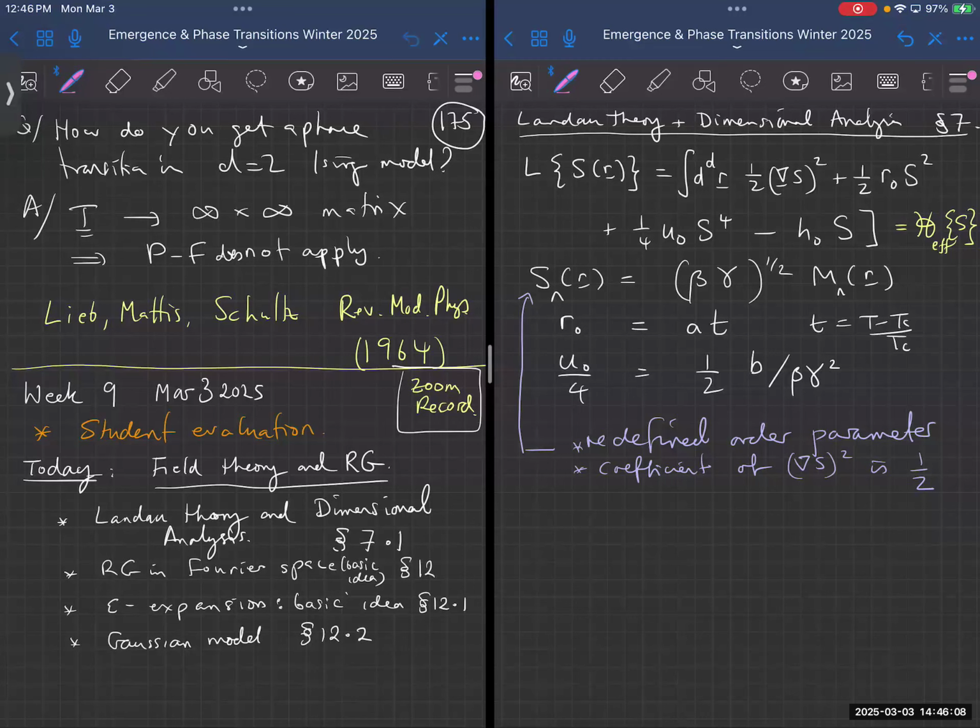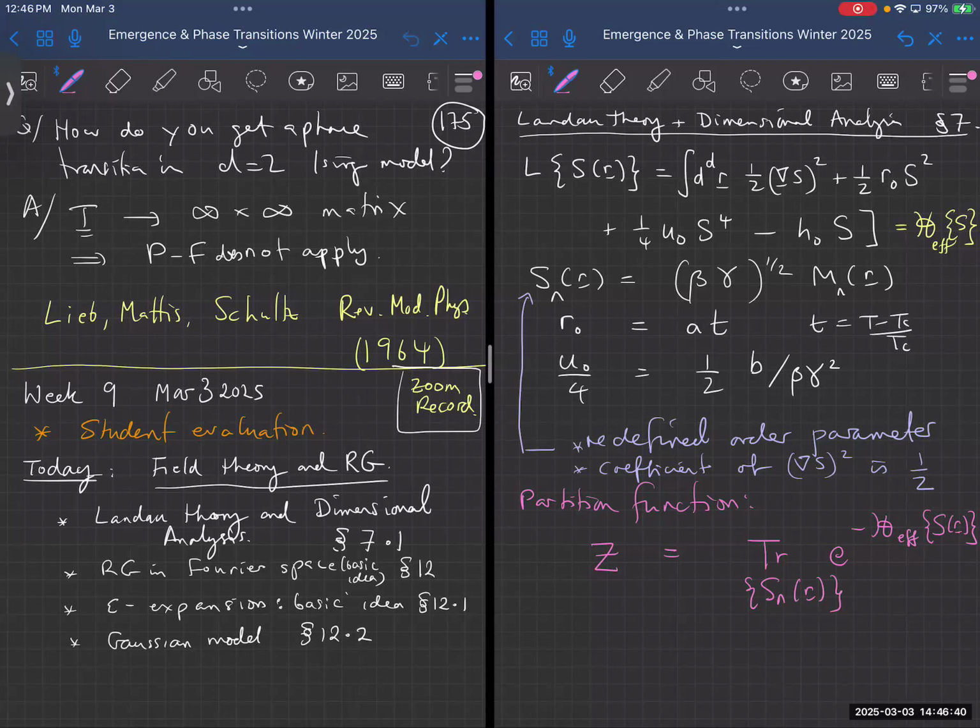So the partition function Z is the trace over all my coarse-grained degrees of freedom, S of R, of e to the minus H effective, as a functional, I should say, of S of R. So that's the problem.